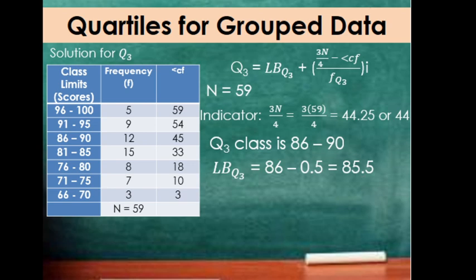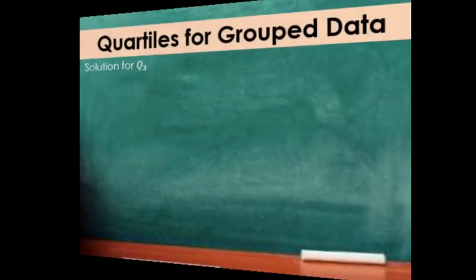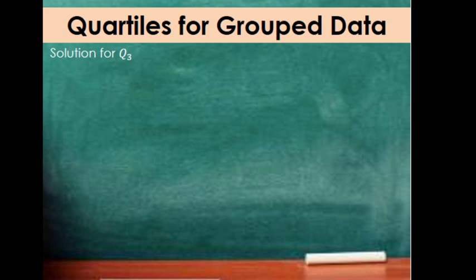And we're going to get again the less than cumulative frequency. So kung nandito yung ating quartile class, kukunin natin is yung below the quartile class, which is 33. And yung frequency ng ating quartile class is 12. And yung interval is pareho kanina, which is 5. Okay, again, na-identify na natin yung mga values.